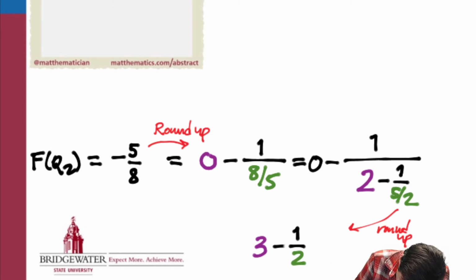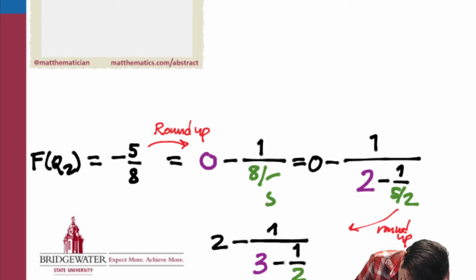So when I back my way up into everything, I'll have 2 minus that. Oh boy. I'm going to run into my other fractions here. Let me nudge this down a little. Okay, and then it's 0 minus that.